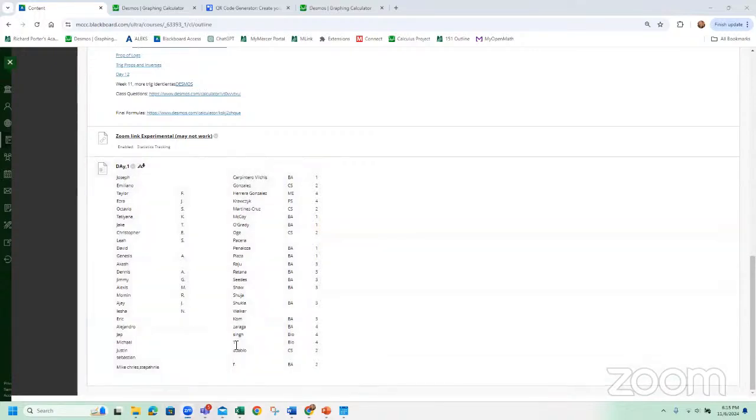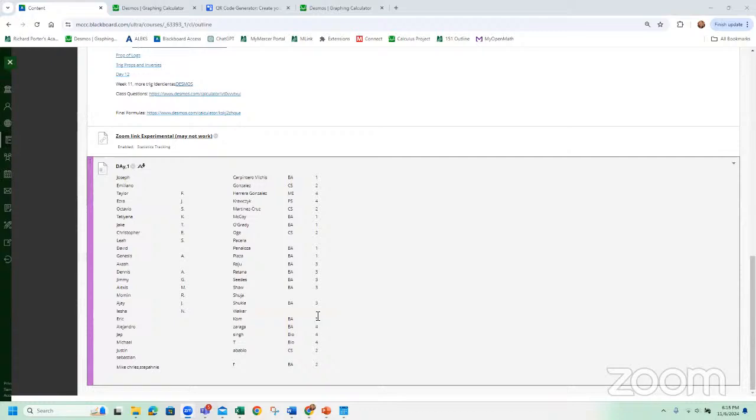Is the breakout room showing up? No, it says not. They're open. Momin went in. Momin's in room 3. AJ, what room are you in? Three, I'm pretty sure. Yep, you're in 3.